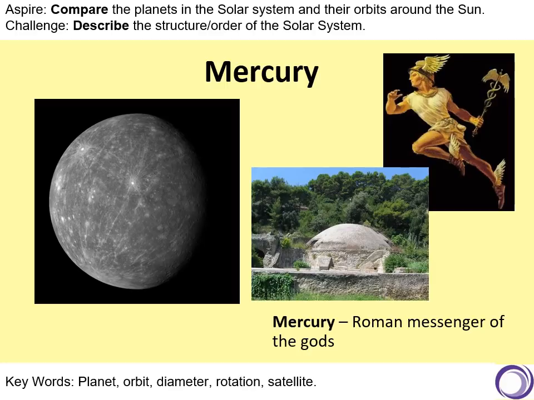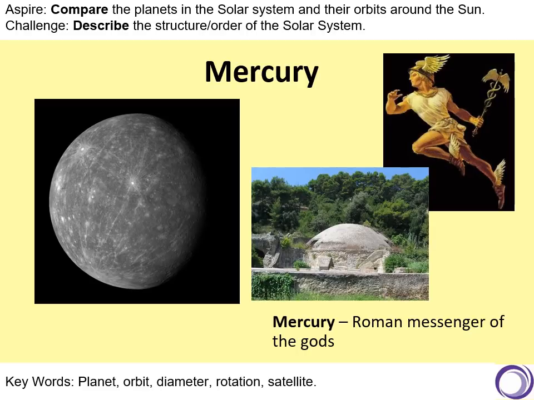So if you ever went to a pub quiz, it is the caduceus that Mercury holds as the messenger of the gods. Also, the length of the day is quite a strange one. Length of the day on Earth is 24 hours. However, the length of the day on Mercury is 59 days.